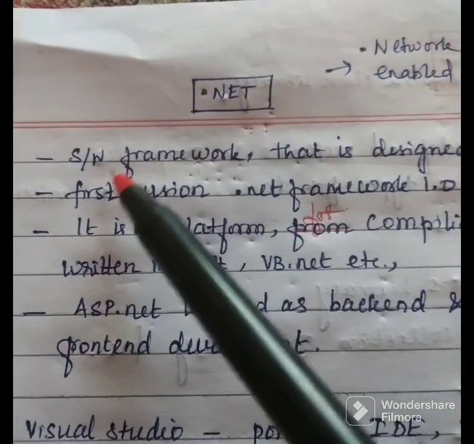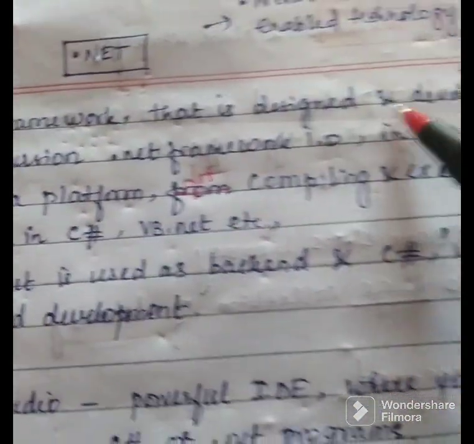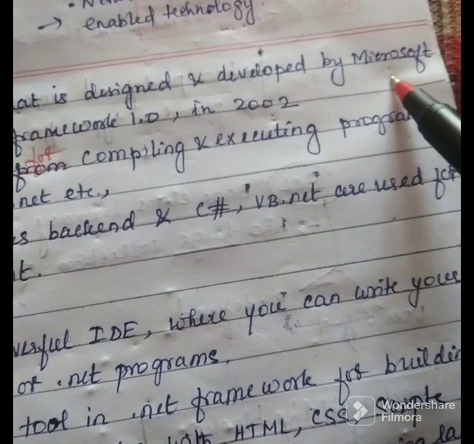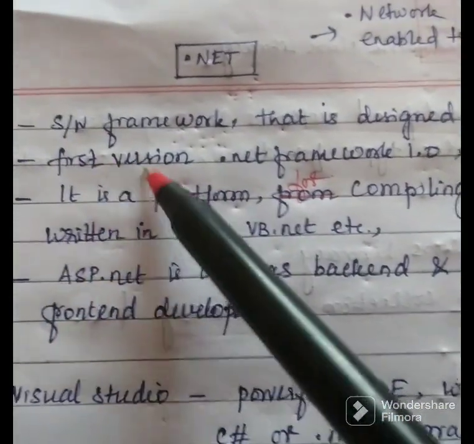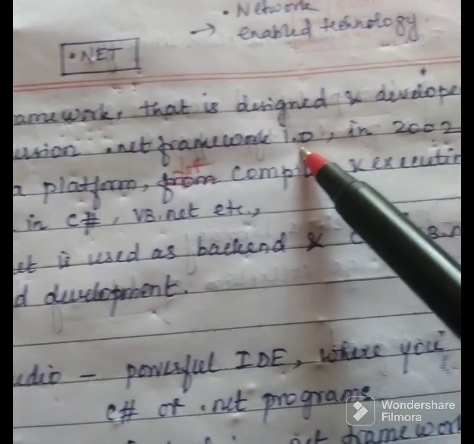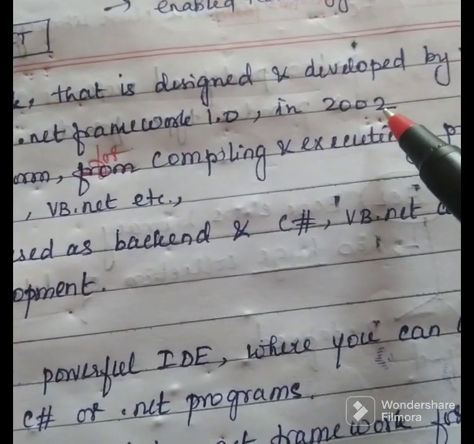So .NET is a software framework that was designed and developed by Microsoft in the year 2002. The first version is 1.0, released in 2002.